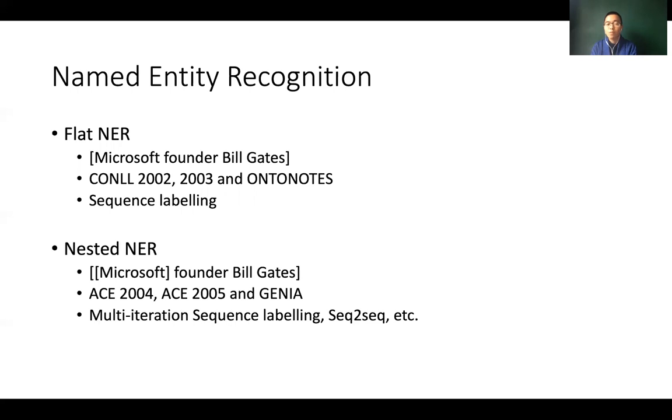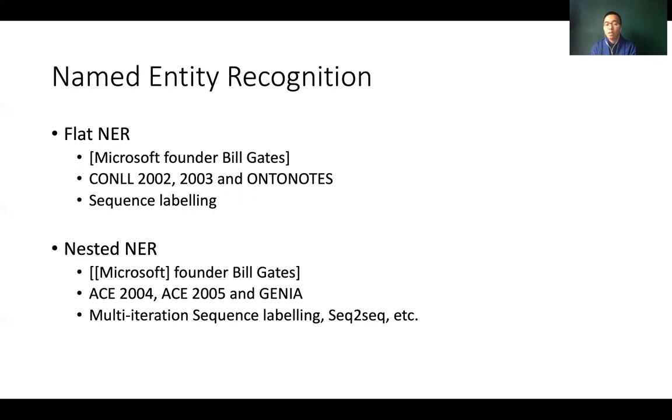Normally for flat NER, people use sequence labeling, which means that you use BIO labels to label each individual word of the sentence, and then you create the named entities in the post-processing.